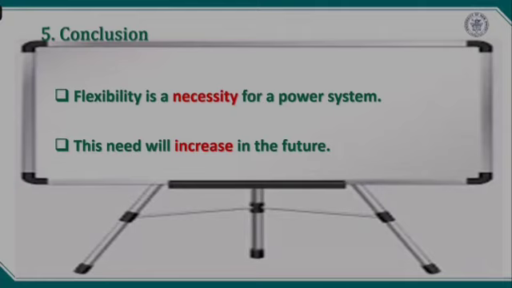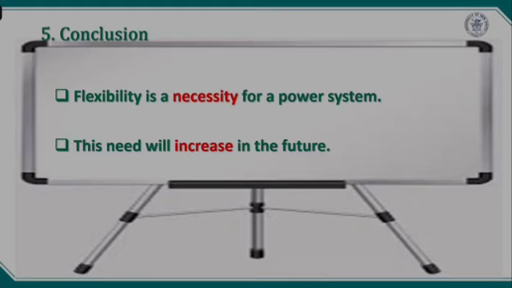Okay, the first conclusion: flexibility is a necessity for a power system. Why? As I said, because we have uncertainty on the supply side and also uncertainty on the demand side. Why? Because we have electrical vehicles and we are using them, and also we have renewable energy resources on the supply side and also on the demand side.